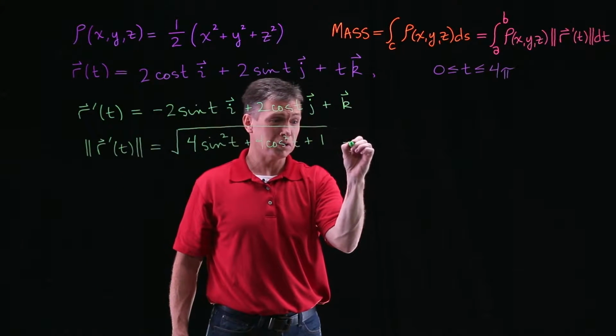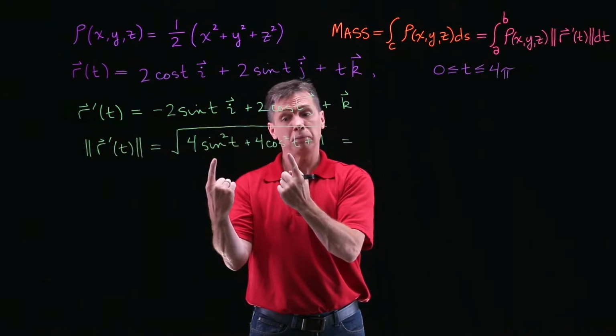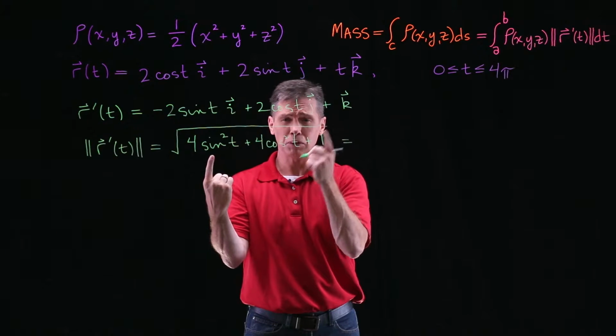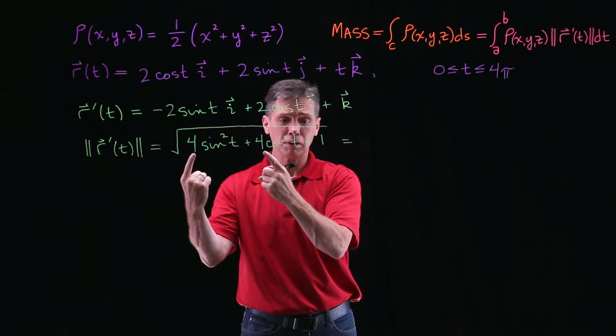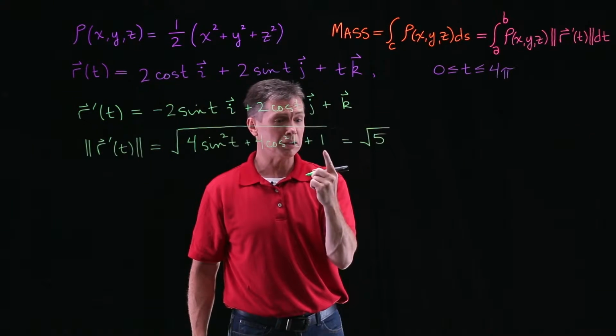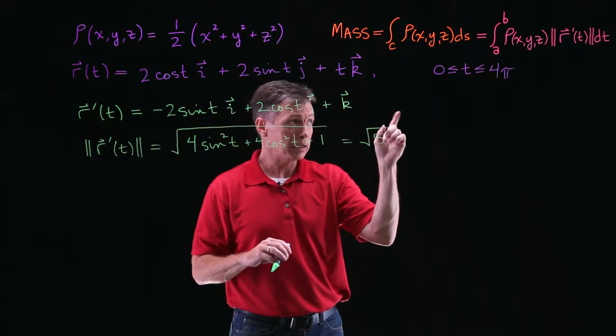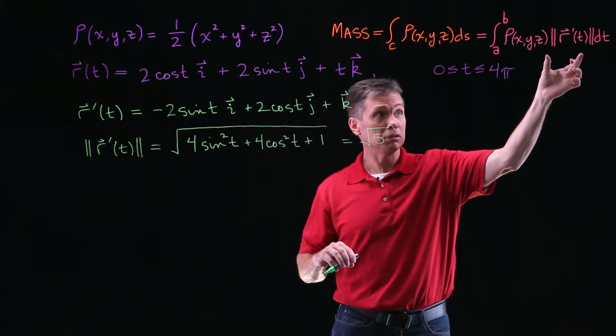This is always nice when this happens, that inside it simplifies quite a bit, because sine squared plus cosine squared would be 1. There's a 4 in front of those, and then add the 1 that's trailing along, and we get a square root of 5. So that's going to be my magnitude component of the formula.